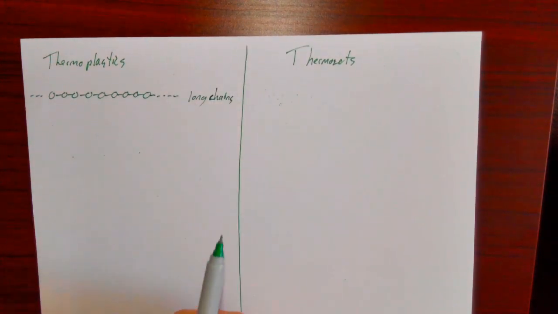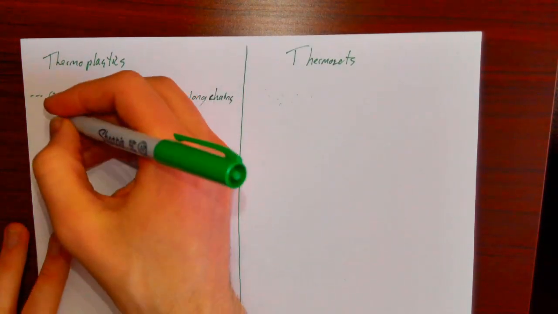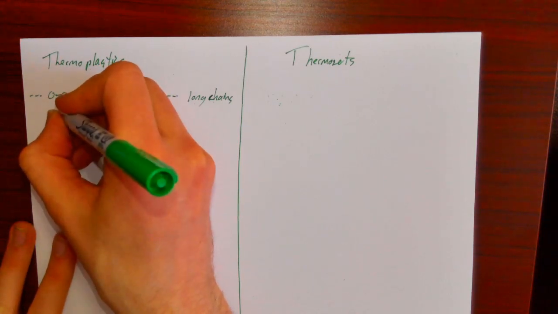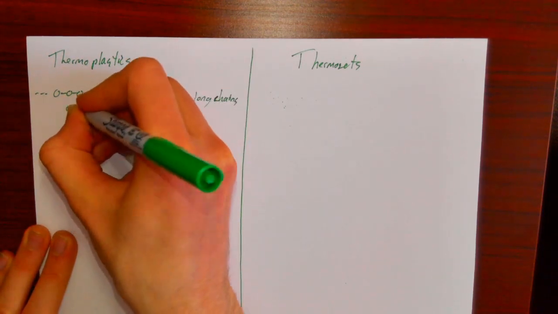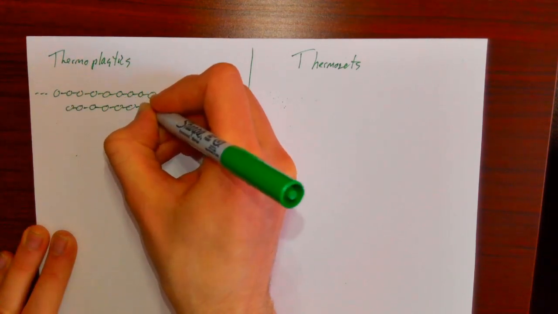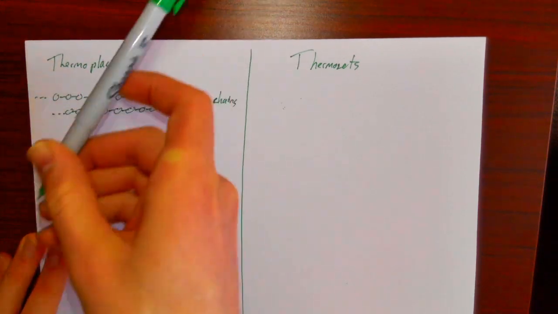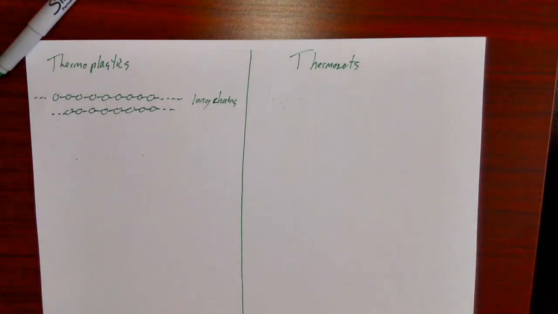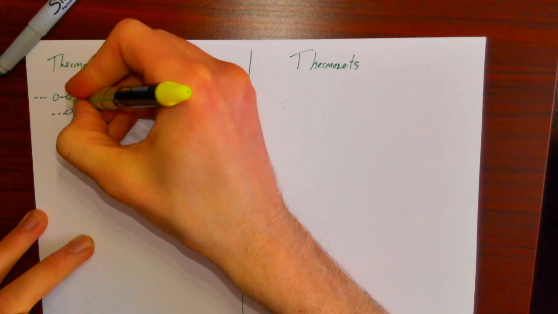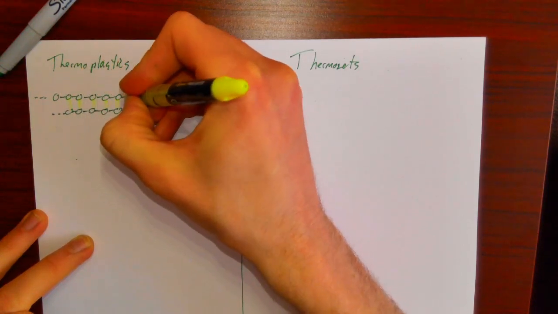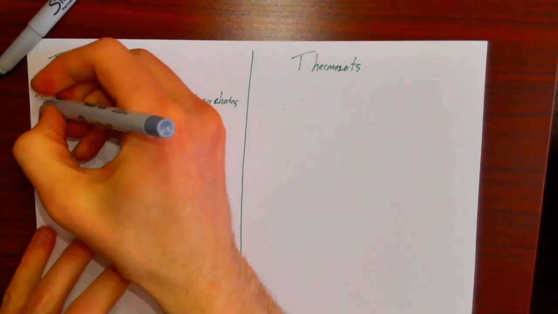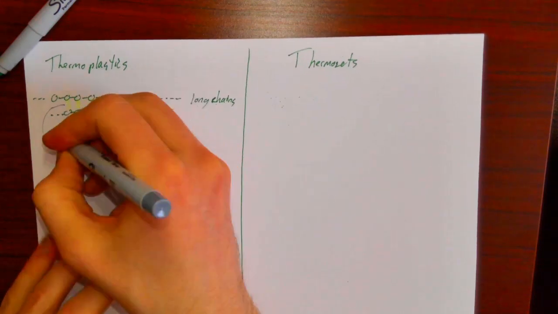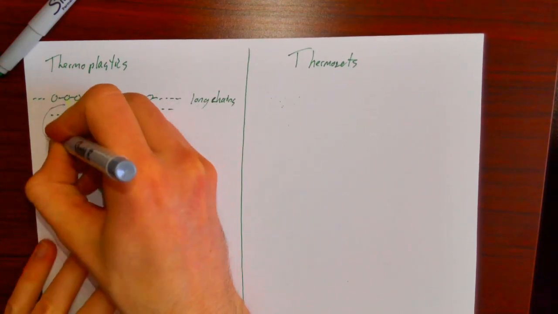The strength basically comes from, if I have adjacent chains, then I get some of these chain-chain interactions that I was talking about in a previous lecture. So when I have a big long chain, I get numerous but weak chain-chain interactions.